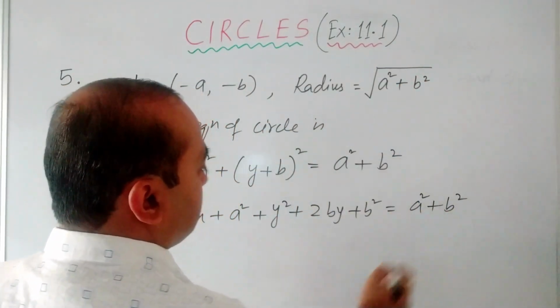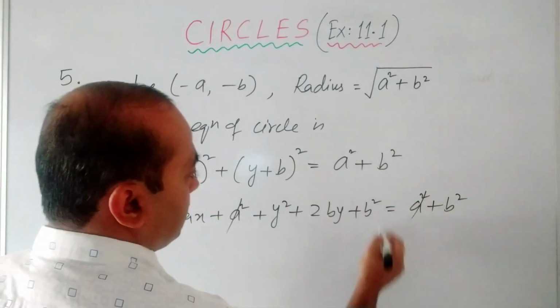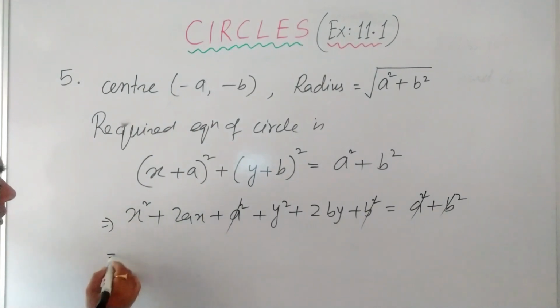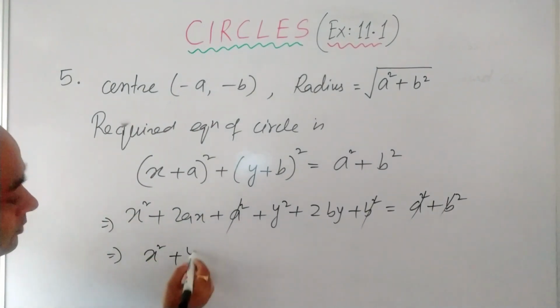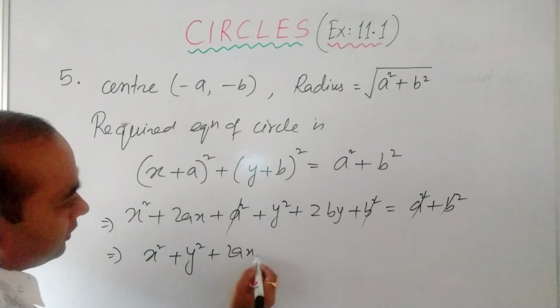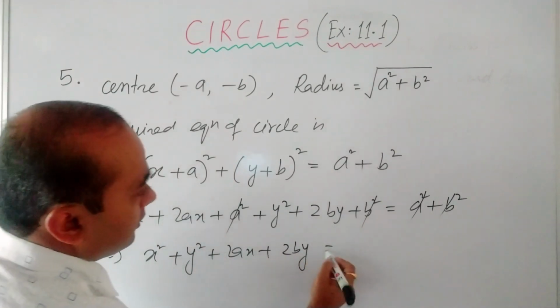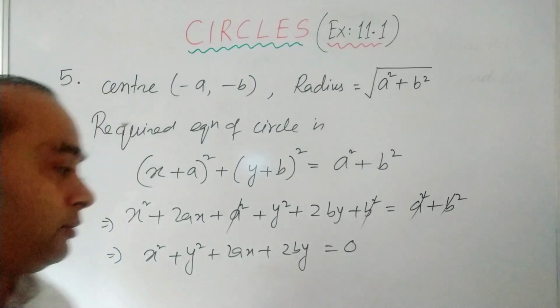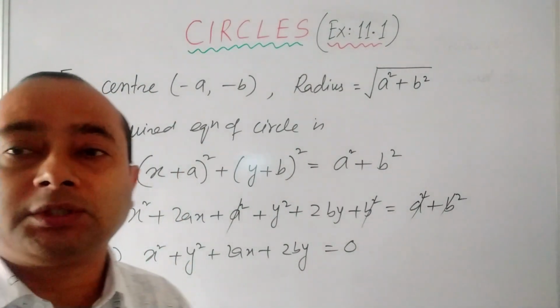So in that case our a square will be cancelled, b square will be cancelled, and the equation will become x square plus y square plus 2ax plus 2by equal to 0. And the speciality of this equation is, this circle passes through the origin, because if you put x equal to 0, y equal to 0, it satisfies the equation.